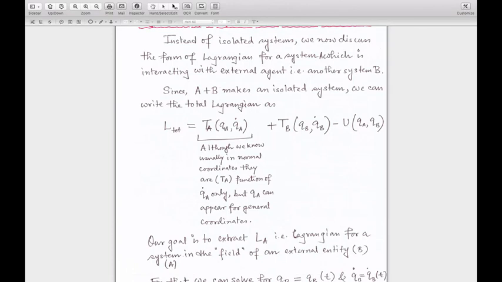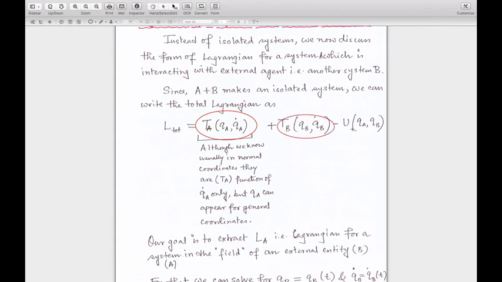There can be cross terms, which are functions of the coordinates themselves. Including that, kinetic energy in general can be thought of as a function of both the generalized coordinates and the velocities, the same here for A and B.